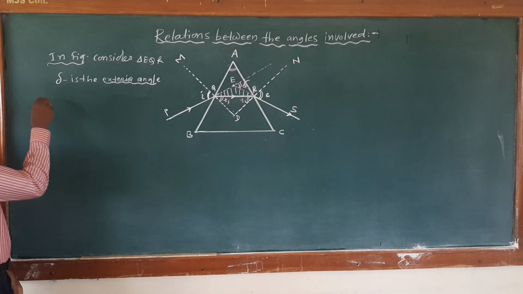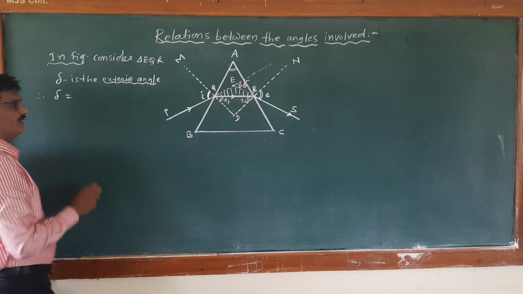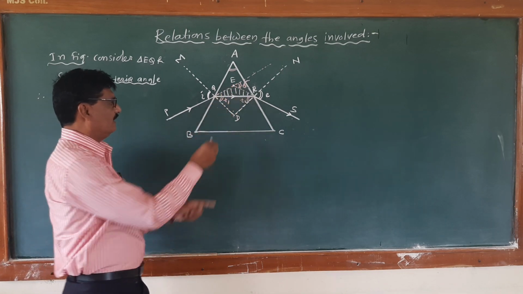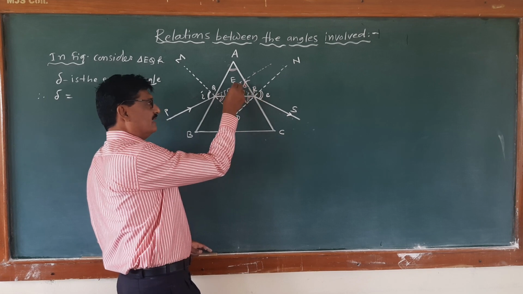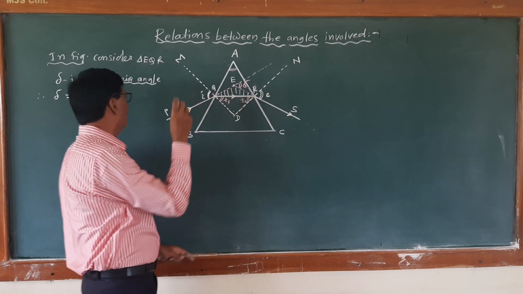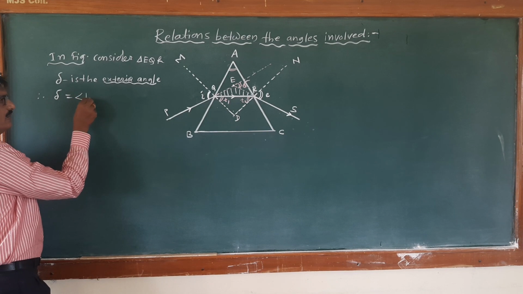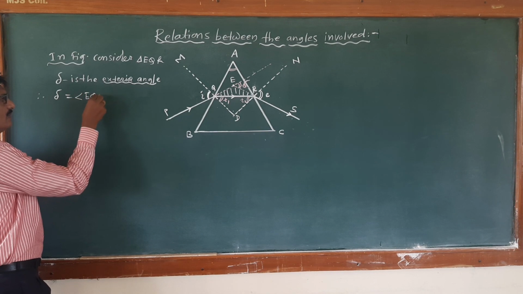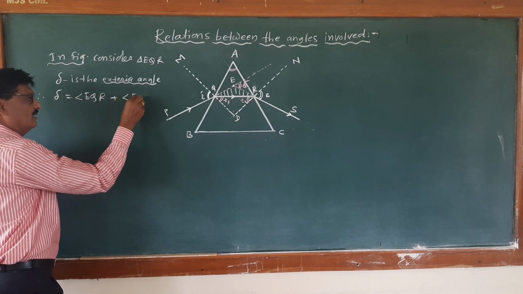And therefore, from the figure we can write down that del is equal to angle EQR plus angle ERQ.